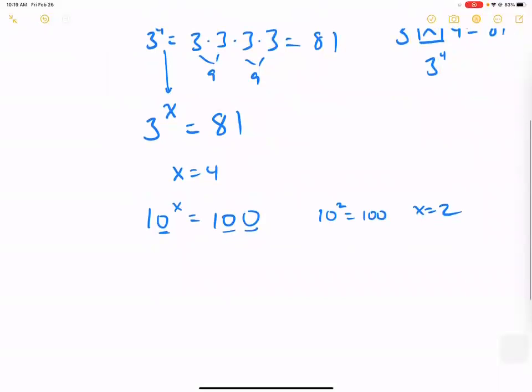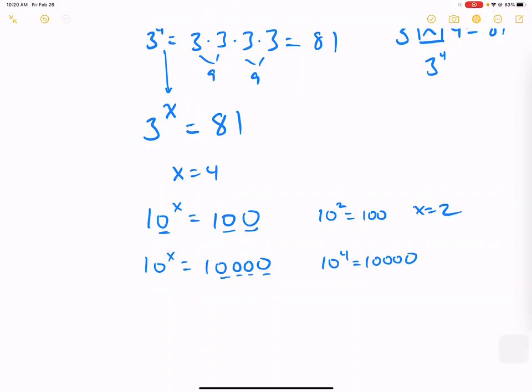But along that same logic, what if I wrote 10 to what power is 10,000? And the hint here again is counting the zeros. Count how many zeros we have. That's how many tens we used to multiply to get up there. 10 to the 4th power is 10,000. That's 1, 2, 3, 4.